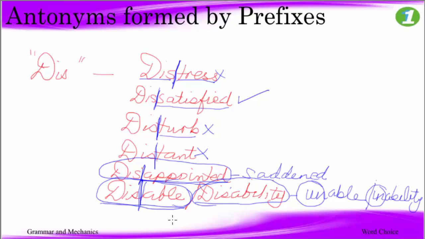Alright, that's it today for our lesson on antonyms formed by prefixes. I trust you remember, if nothing else, that you form your antonym by adding the prefix dis to a word that already exists, and that where the exceptions lie, as in the case of disappointed and disable, you recognize that they are whole words which have a meaning that the syllable dis does not affect.